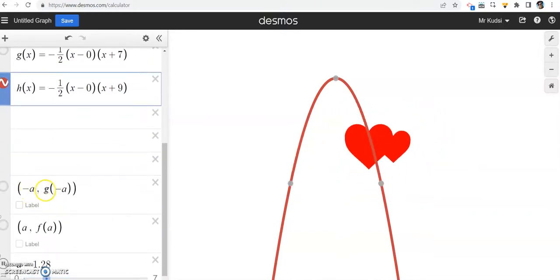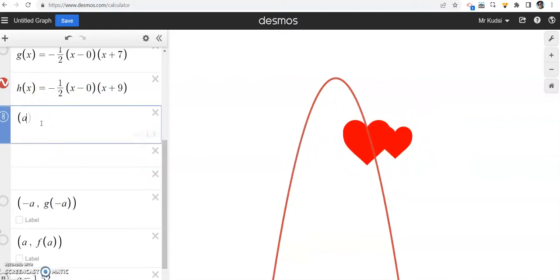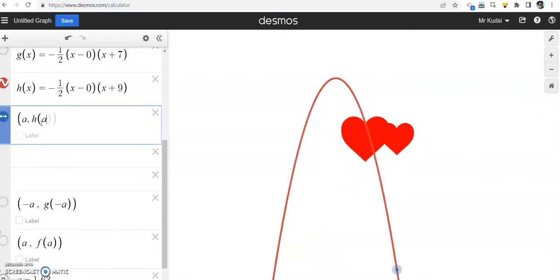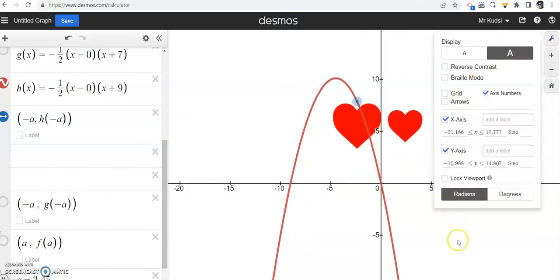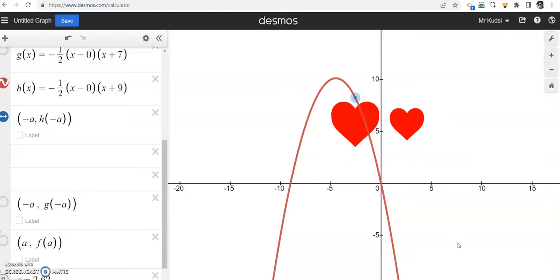Instead of A and G, you have A and H. Again, A, comma, H of A. But since that H is actually going to be on the negative side, put negative. And that's how we get more and more points. We're just going to layer more and more parabolas, more and more equations, and then you make them all disappear.